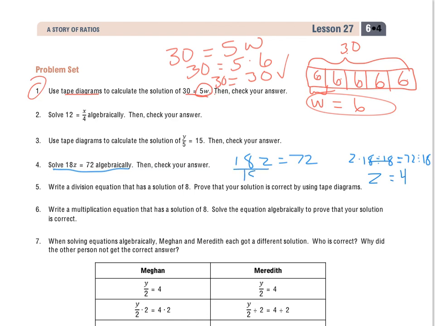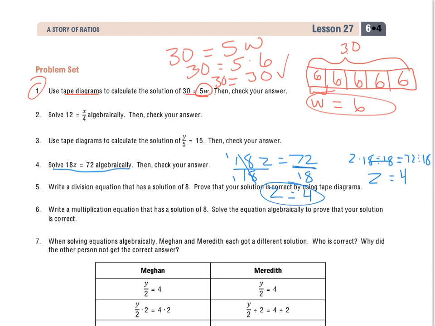And the other way I can show is dividing by 18 on one side and divide by 18. And I know I have a fraction greater than 1 with 72 over 18, but I know that that fraction bar means division. And these cancel out and make 1, and we know 1z is the same as z. So then I would get z equals 4 either way.